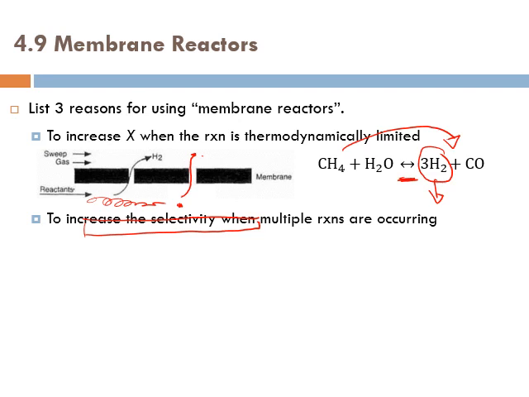Let's look at another reason for using membrane reactor: to increase the selectivity when multiple reactions are occurring. Again, let's go to reforming of methane, but this time it is the partial oxidation of methane.